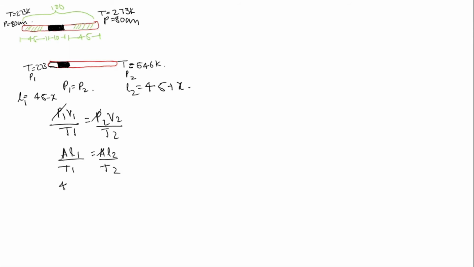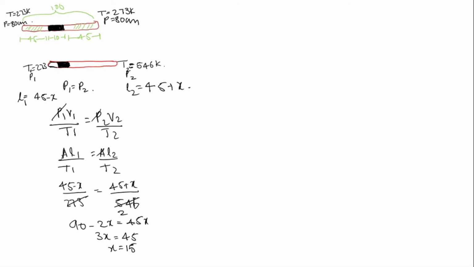L1 is nothing but 45 minus x by T1 which is 273, and L2 is 45 plus x by T2 which is 546 Kelvin. So if you cross multiply, we'll get 90 minus 2x is equal to 45 plus x. We'll get 3x is equal to 45, so x is equal to 15. So mercury moves 15 centimeters this side.